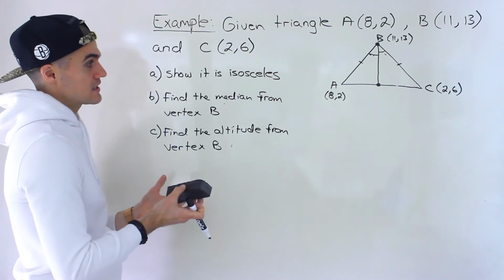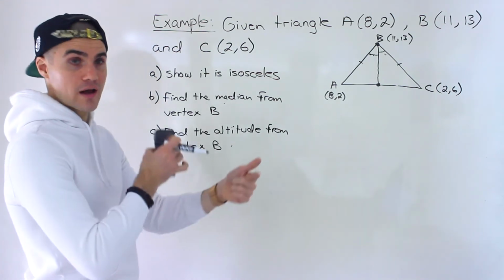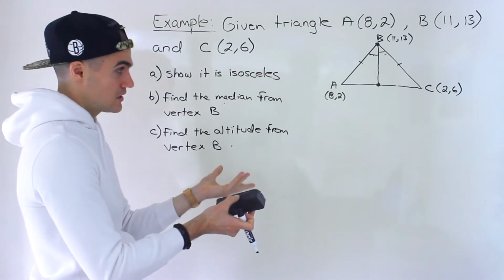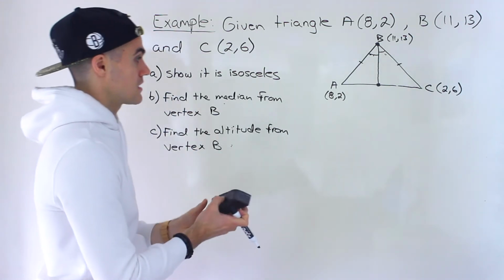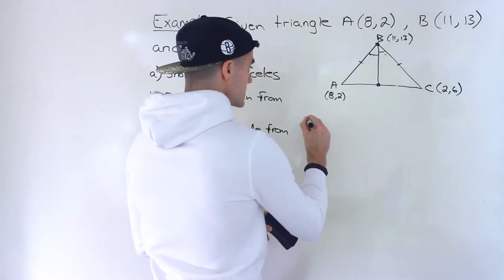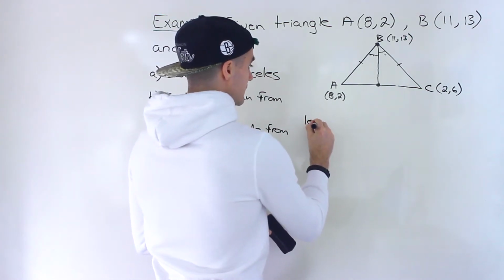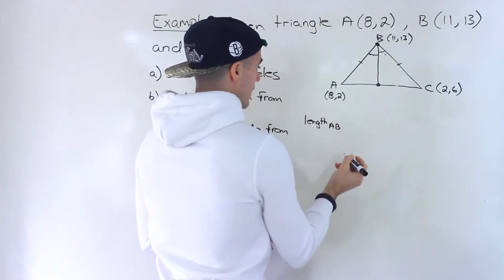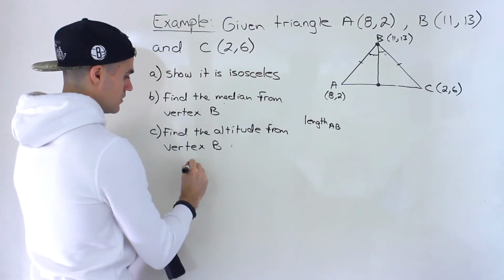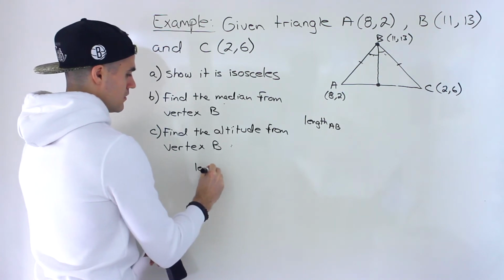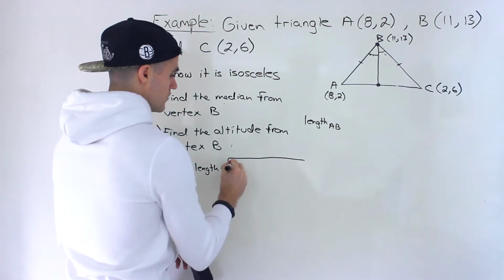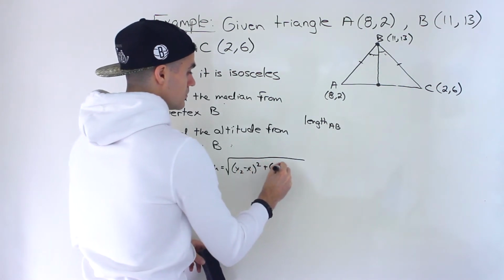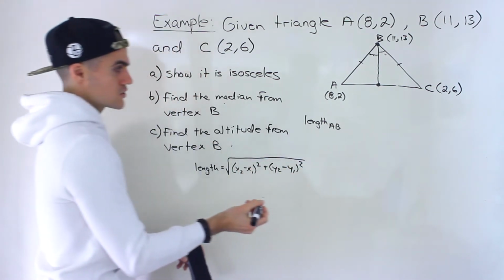So we have to show it's an isosceles triangle. How do we do that? We find the lengths of all three sides, and then if two lengths are equal, then we know it's an isosceles. So let's first find the length of AB. Now the length formula in general is going to be the square root of (x2 minus x1) squared plus (y2 minus y1) squared.